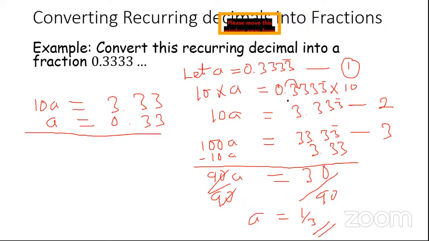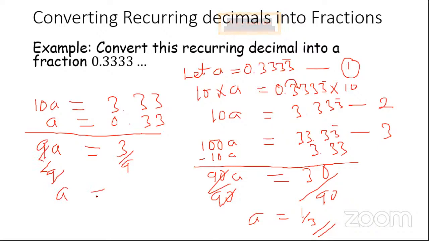Subtract. So this would be 9A. 9A is equal to 3. So we divide by 9. And A will be equal to a third. 1 out of 3. Okay, thank you.